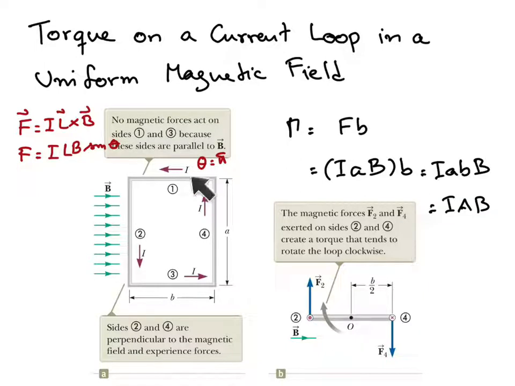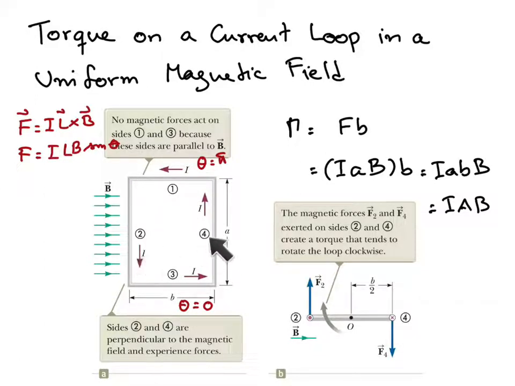So it means that there is no magnetic force on this segment. Also at segment number 3, because I points in the same direction as B, theta is equal to 0, and sine 0 is 0. So there is no force on part number 1 and part number 3.